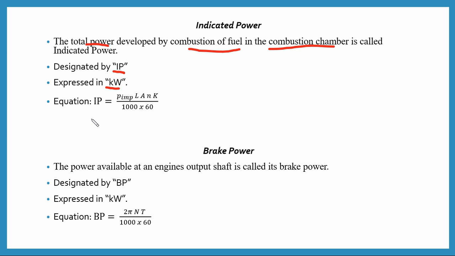that is, IP equals PIMP into L into A into N into K divided by 1000 into 60. Here PIMP means indicated mean effective pressure.